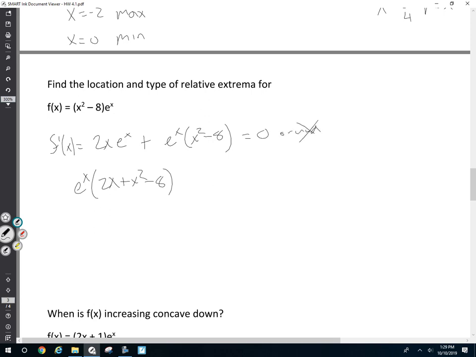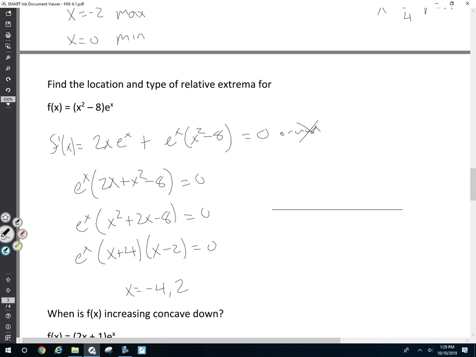Don't have to worry about it. There's no denominator. Maybe rewrite this. Maybe factor this. What do we get? There you go. Okay.